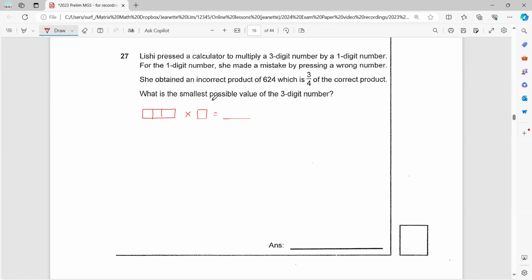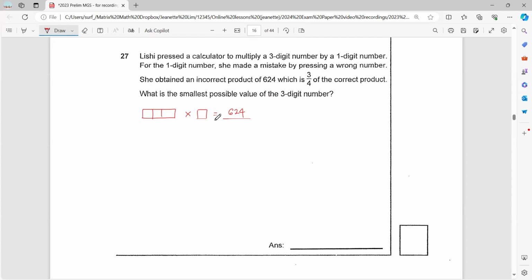But this 1-digit number, she pressed wrongly. But if she had, this is the incorrect one, which is 624. But if she were to press it correctly, the number would have been bigger, because this is only 3/4 of the correct number. So actually, how do you end up with 3/4 of the correct number?